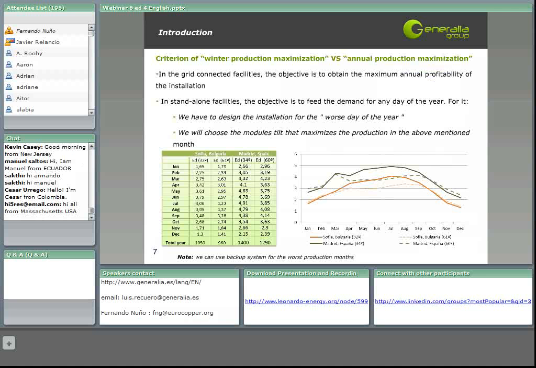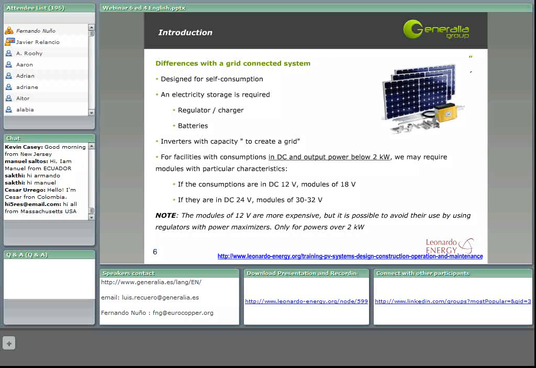But we will go back to the previous slide in order to comment that for facilities with consumptions which are lower than 2 kilowatts, we may require modules which have special characteristics, because in this type of installations we usually use DC 12-volt modules. So these modules in fact produce a voltage of 18 volts. We have to know that normally the modules produce a voltage between 30 and 32 volts.